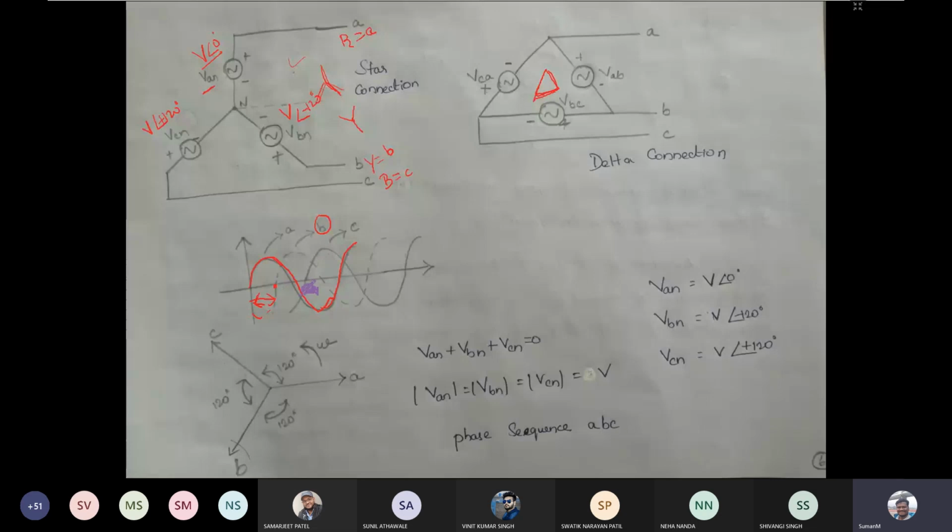from the A phase. Or you can say that you can call A phase leading B phase and C phase. It leads B phase by minus 120 degree. It leads the B phase by 120 degree and C phase by plus 240 degree.